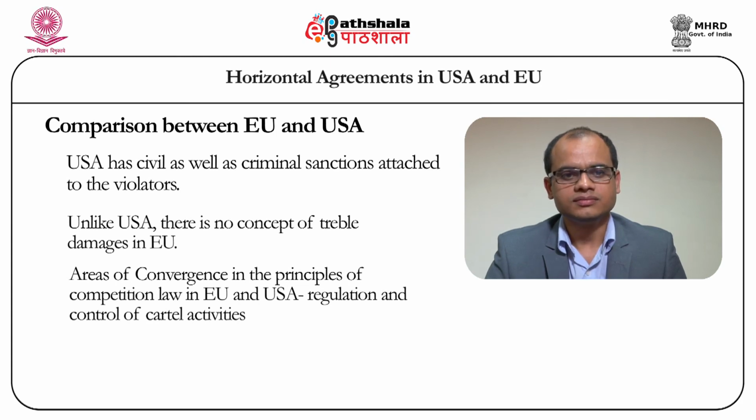So this shows that this is an important area of competition law enforcement, and due to this there is a lot of collaboration between EU and US, and we have seen a very hardline approach coming in from both of these jurisdictions to deal with the problem of hardcore cartels, which are of course one type of horizontal agreements. And the international cooperation for enforcement measures to check these international cartels has also increased.